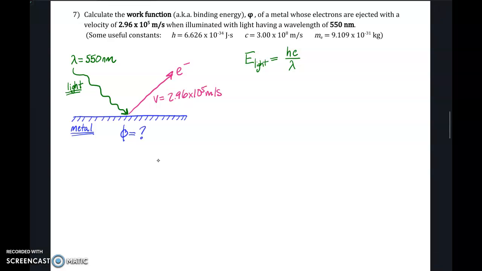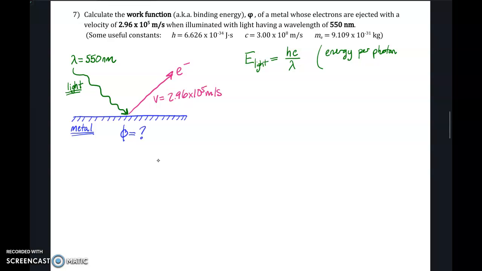Now remember, this equation and pretty much all the equations we're using here are per particle equations, which means that when we plug the wavelength of the light into this equation, we're really calculating the energy per photon in this light. So per particle means per photon when we're talking about light.